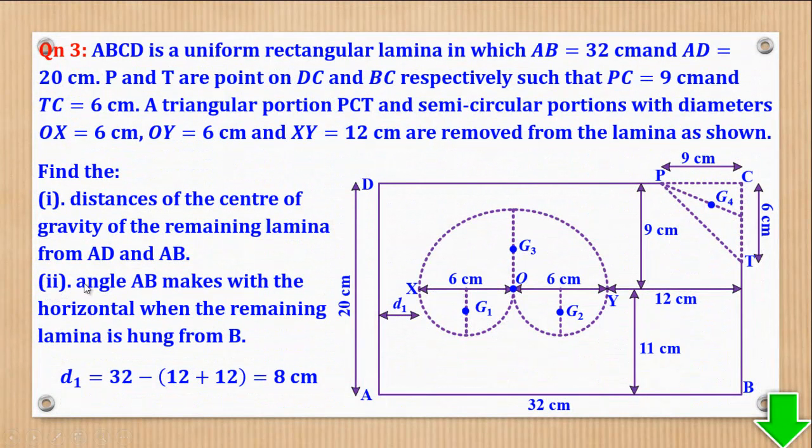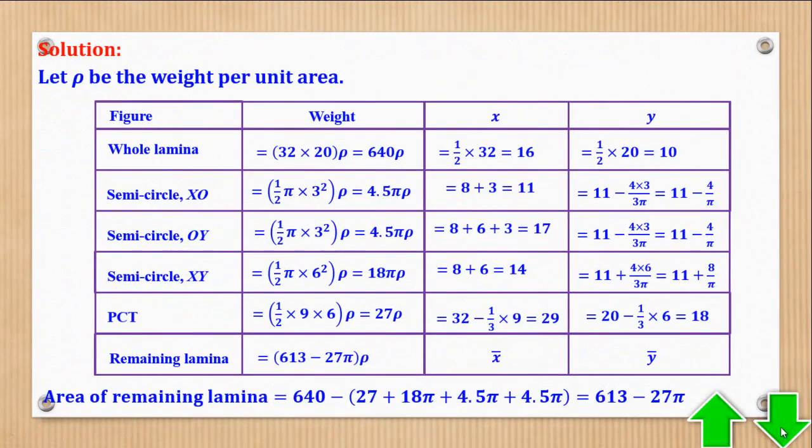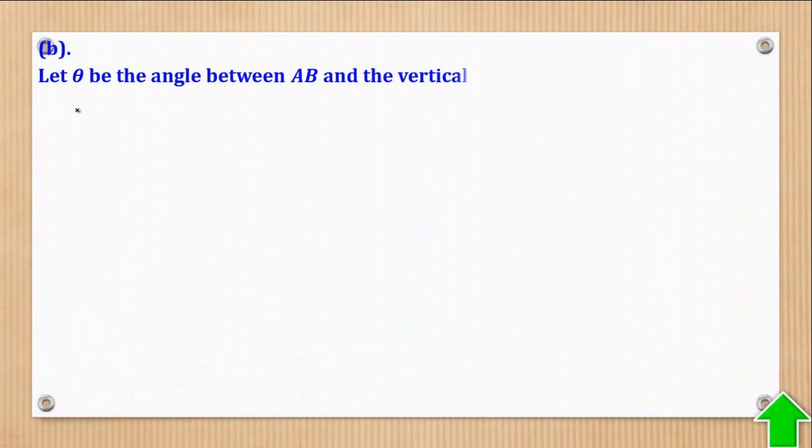Roman 2 says, find the angle AB makes with the horizontal when the remaining lamina is hung from B, from here. So here we shall need to first redraw the two sides enclosing the point B. Then we locate the position of the center of gravity.